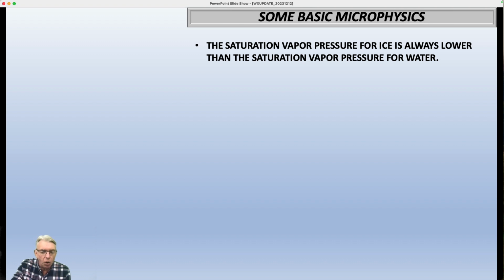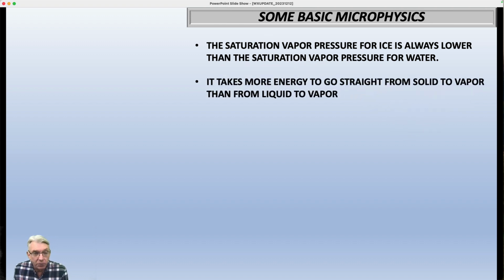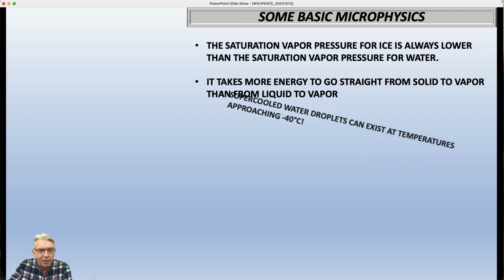vapor pressure for water. And the reason for that is that it takes more energy to go straight from solid to vapor than it does to go from liquid to vapor, okay? Because with liquid to vapor, you're only changing one phase, and with the other, when you go from solid to vapor directly, you're actually skipping the liquid phase and going straight to vapor, and it requires more energy to do that.